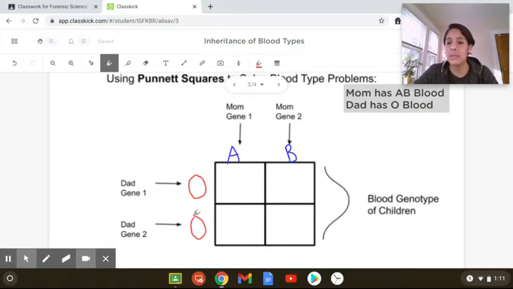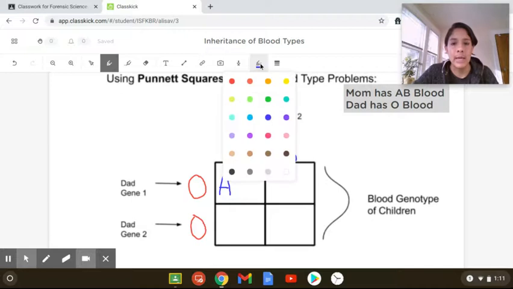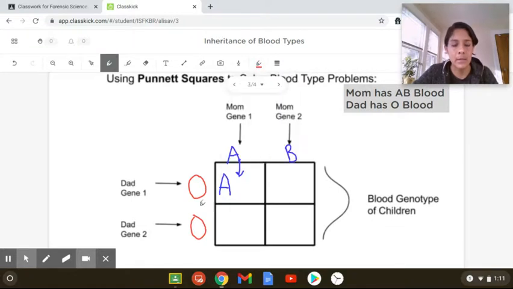Okay, so now we're going to talk about the inheritance, how we know the genotype and the phenotype of the children by using the Punnett square. So mom can give an A gene, I'm sorry. And dad can give an O gene.